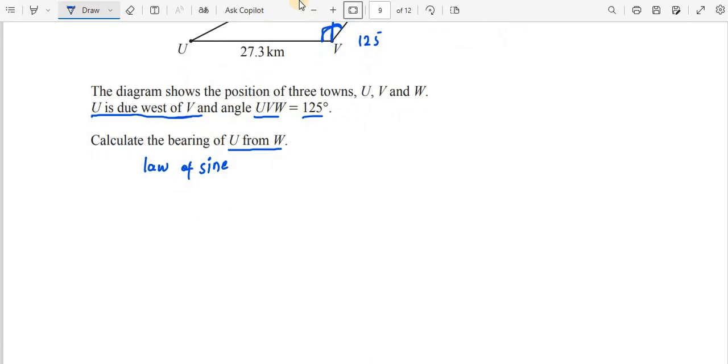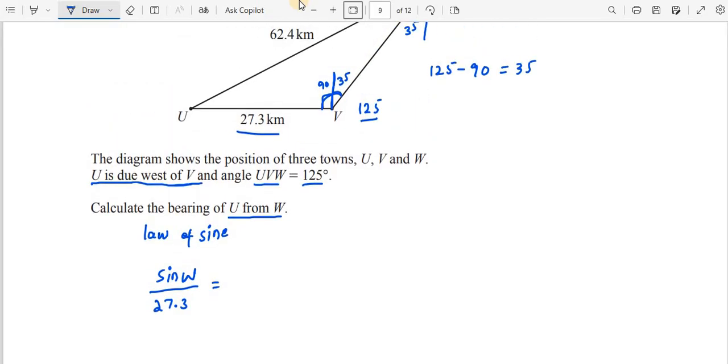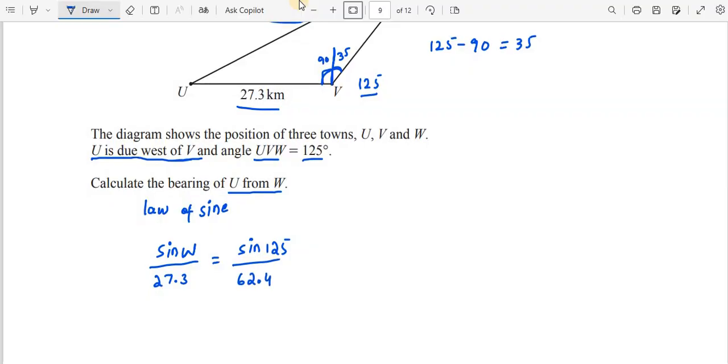Okay, sine W is equal to the opposite side, which is this one, 27.3, equals this angle, angle V. Sine V, and V is equal to 125 over the opposite side, which is this one, 62.4.